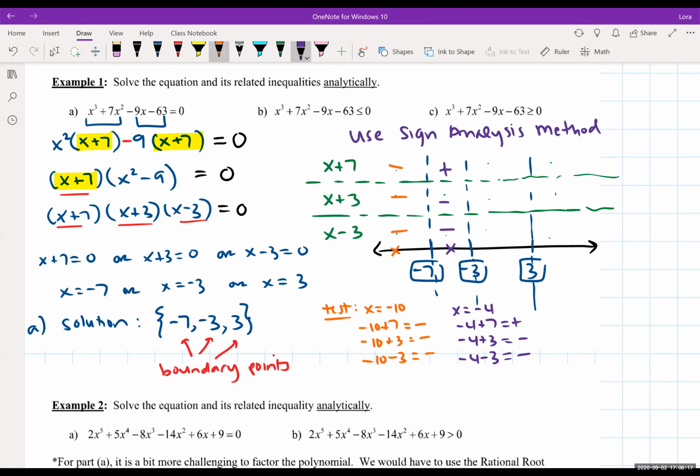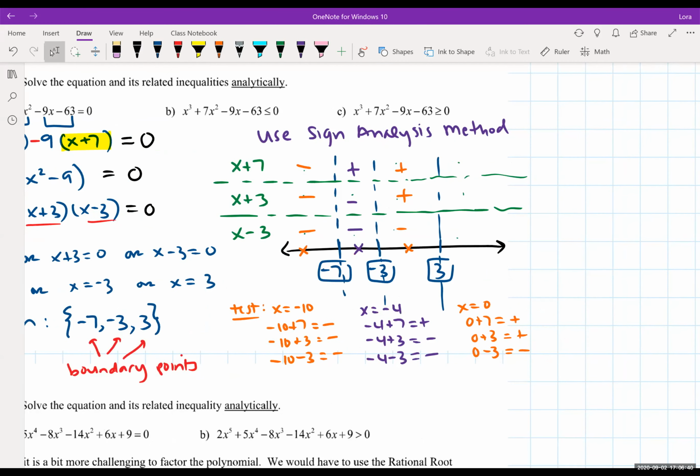Moving along, I'll test out 0 in between negative 3 and 3. 0 plus 7, positive. 0 plus 3, also positive. 0 minus 3, negative. And you don't have to show the test work that I'm showing, but this is just really nice for purposes of lecture, so you can see where I'm getting these signs.